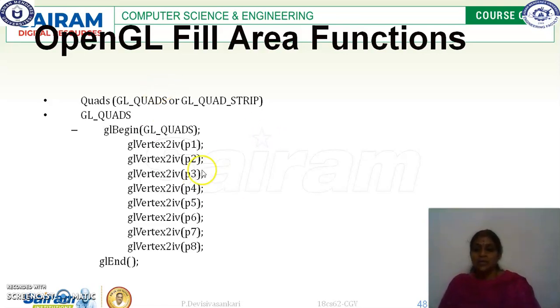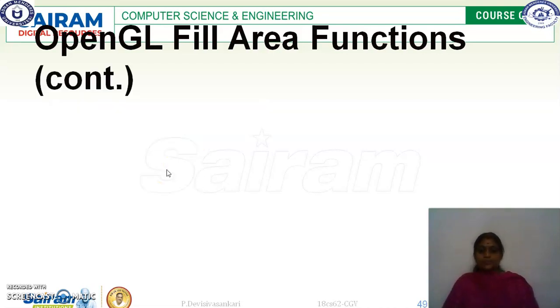Here we are having 2 different quads, P5, P6, P7 and P8 also. So obviously this function also should begin with GL begin and end with GL end, and inside we specify what primitive or polygon type we are going to draw, and these are the vertices, right?